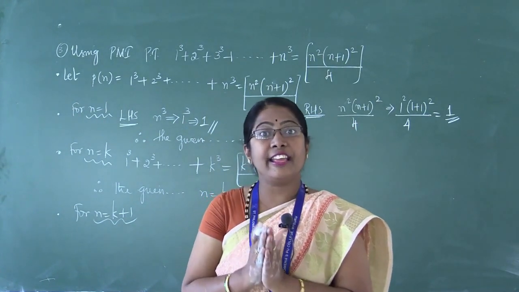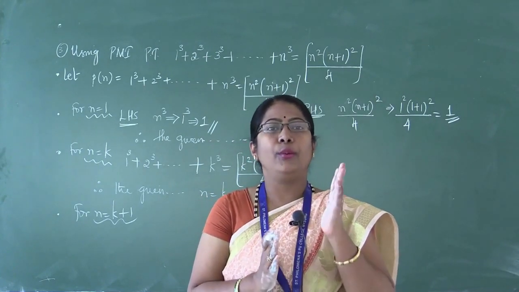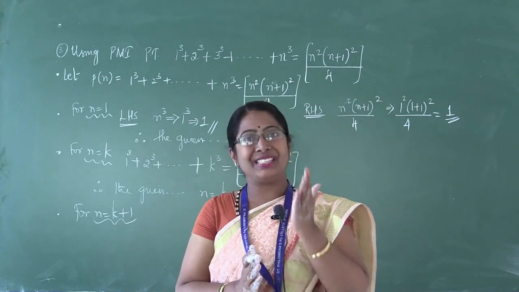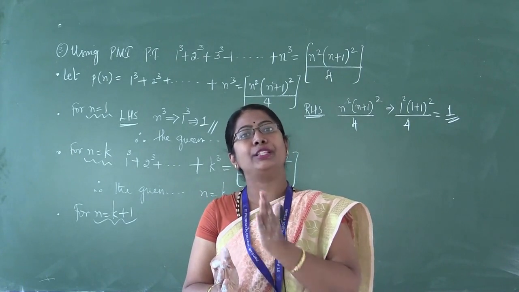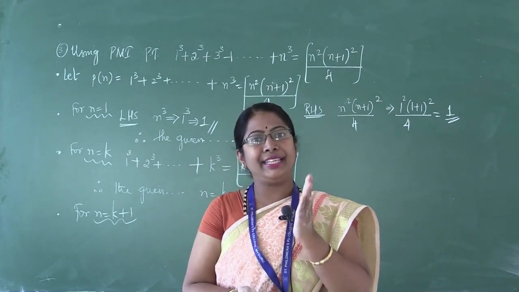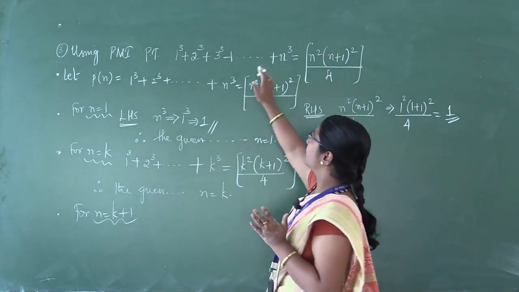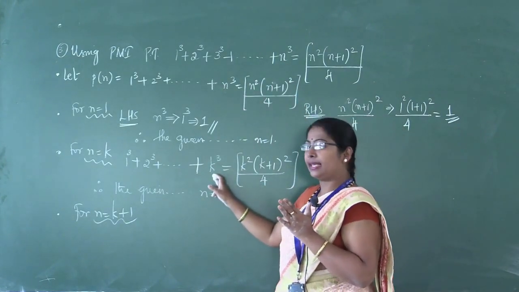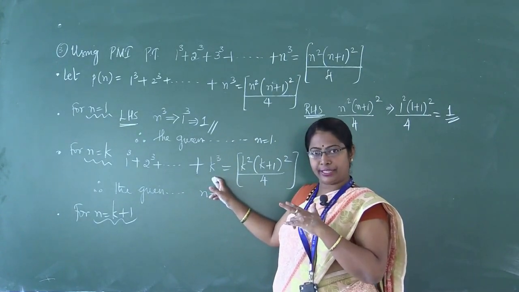We added the next term on both the sides. When you observe the question, 1 cube will become 2 cube, 2 cube is becoming 3 cube, 3 cube will become 4 cube, and so on, which means you're adding plus 1 for each next consecutive term and you're cubing it. So what is the last term here on the LHS? On the LHS, it is k cube. So which number will you add if you have to get the next term?